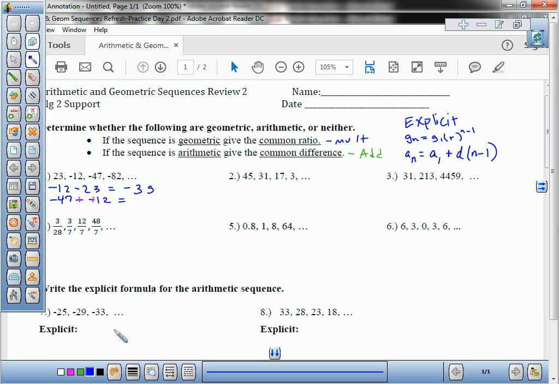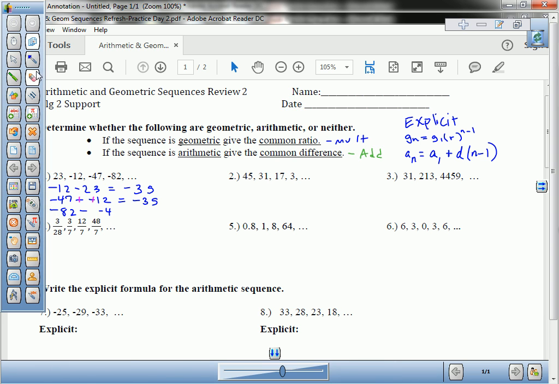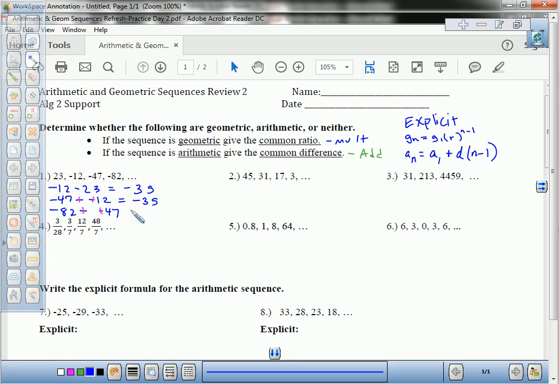And I get negative 35. All right, I get negative 35.